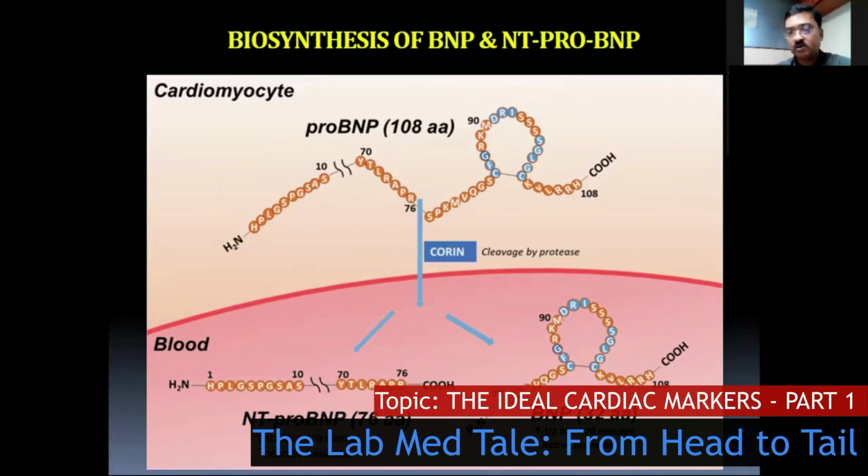So if you quantitate proBNP, that means an equal amount of BNP is also produced. The advantage of NT-proBNP is its high stability. It has a half-life of 120 hours, so you get enough time to analyze it in the lab without it getting degraded, which BNP does not have. BNP degrades early, so proper quantitation in the lab is very difficult.